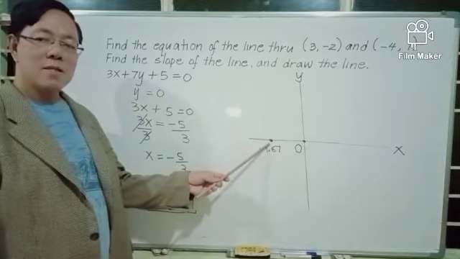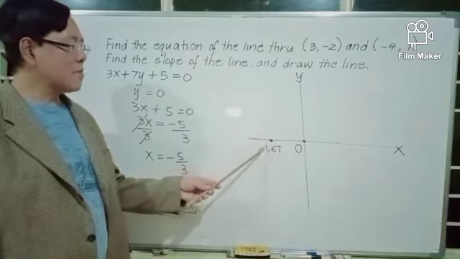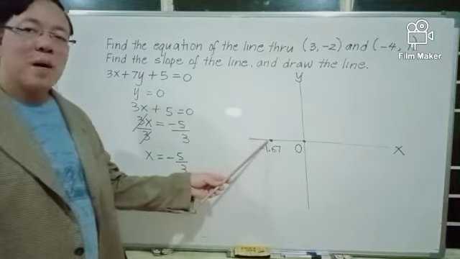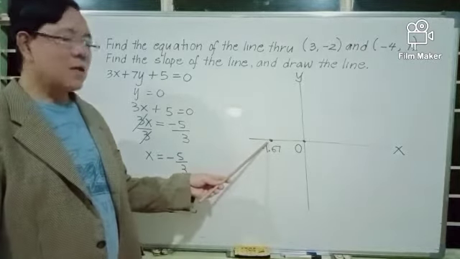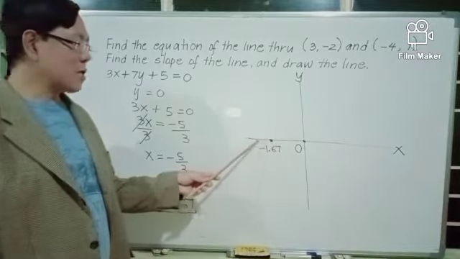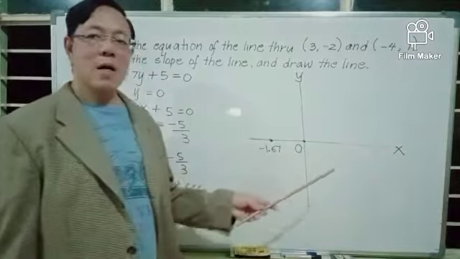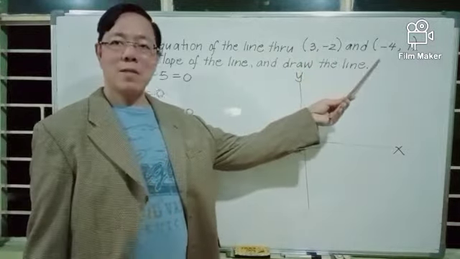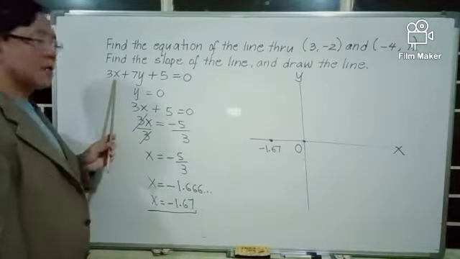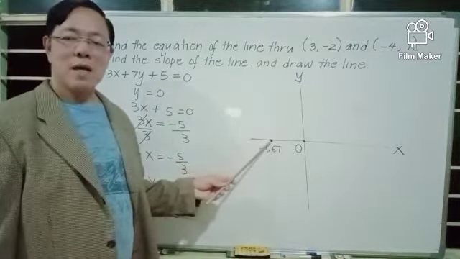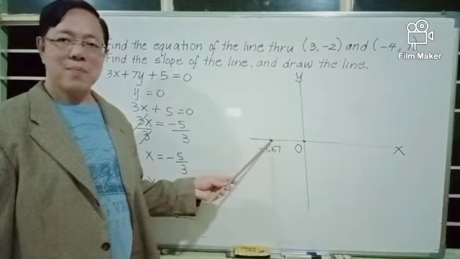So the coordinates of this point are negative 1.67, 0. And the line will pass through this point on the x-axis. This point is the point of intersection of the x-axis and the line through this point and this point, whose equation is given by this equation. And we call this point x-intercept.